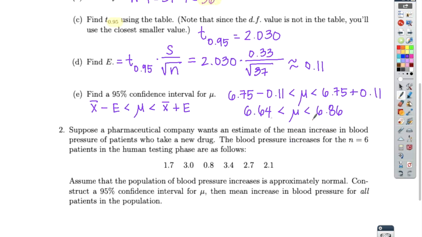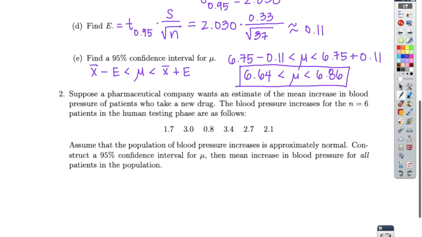Now I can't say with 100% certainty that the population mean for all of these sapphires that are produced is really between these values, but I can say with 95% confidence that it will be somewhere between 6.64 and 6.86. I don't know if it's exactly halfway between them. I don't know if it's a little bit more on the left. I have no idea, but I'm 95% confident that it's somewhere between 6.64 and 6.86 carats.